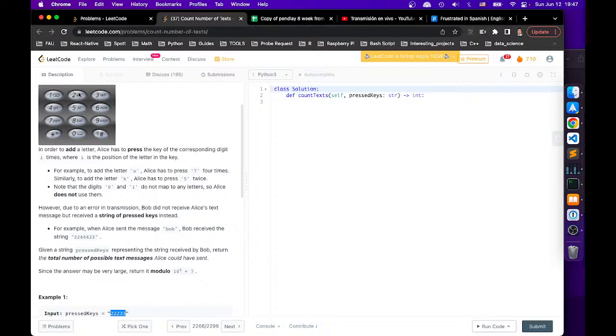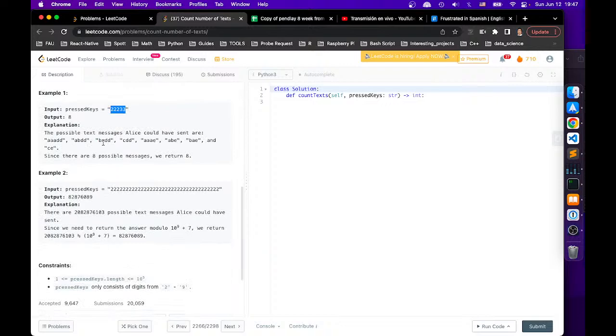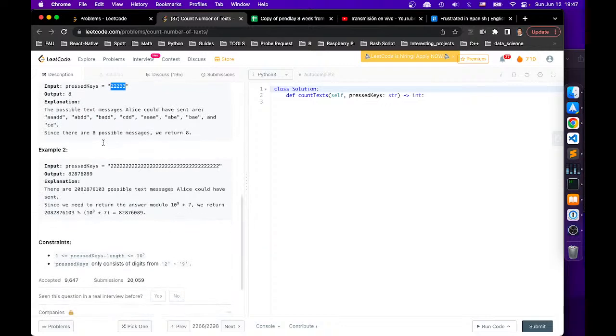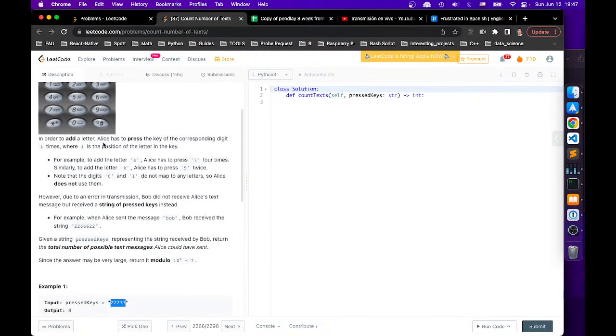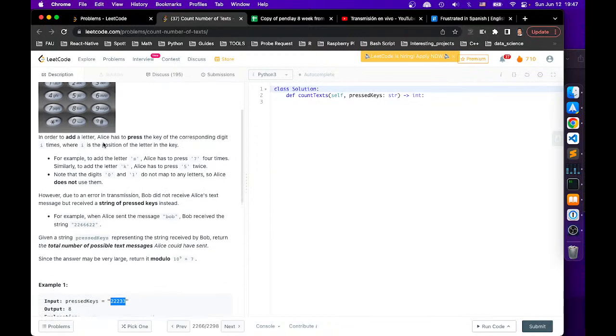That's just 222 and a 33, right? Wait, are we going to press 1 and 0? No, just 2 to 9. So 33, we can either consider by itself or combined together, right? So we have 2 possibilities.